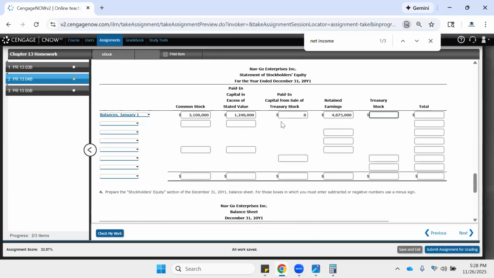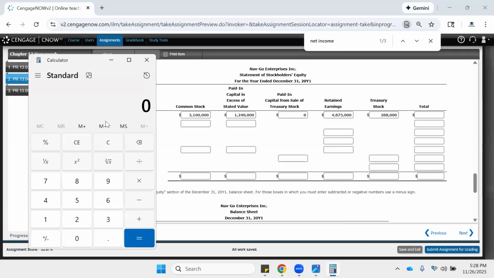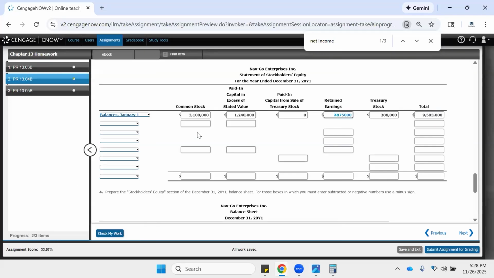And treasury stock had a beginning balance of $288,000. So our beginning stockholders' equity total is adding all of these up. And we get $9.5 million.